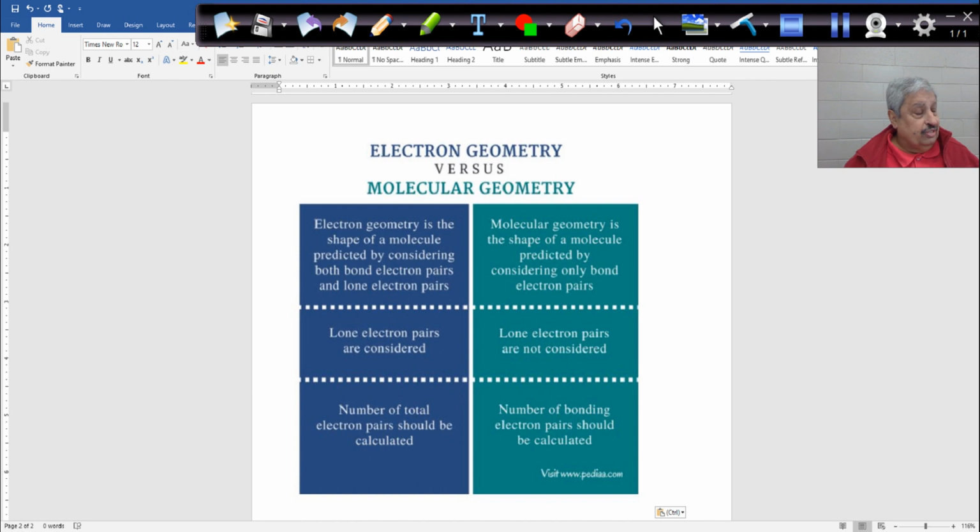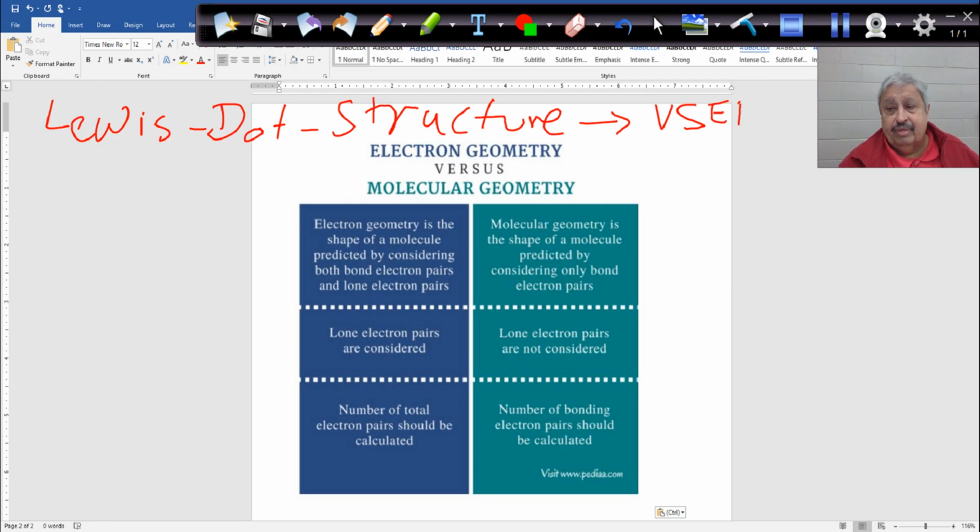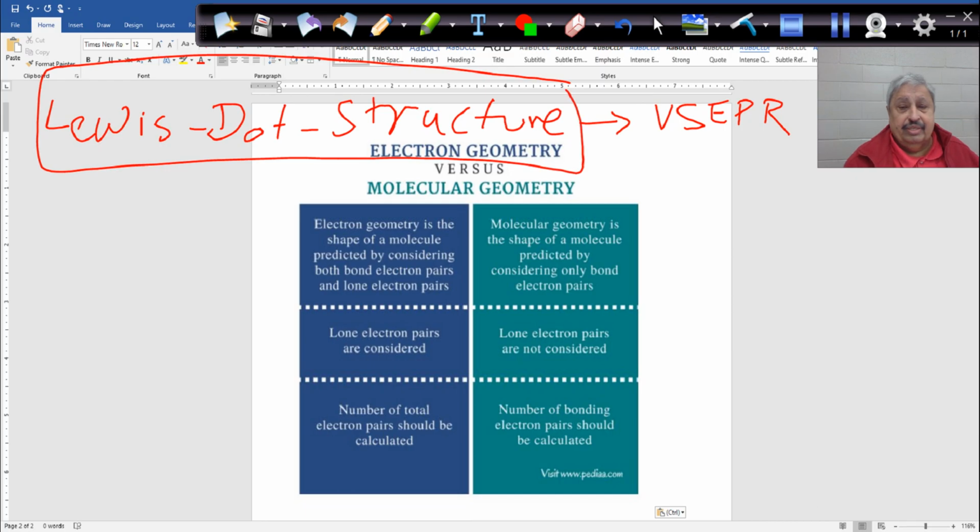You have to have the Lewis dot structure. Lewis dot structure is the backbone of VSEPR. In order to understand VSEPR or determine the geometry, you need the correct Lewis dot structure.